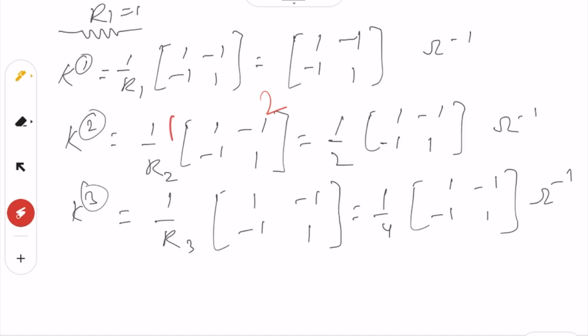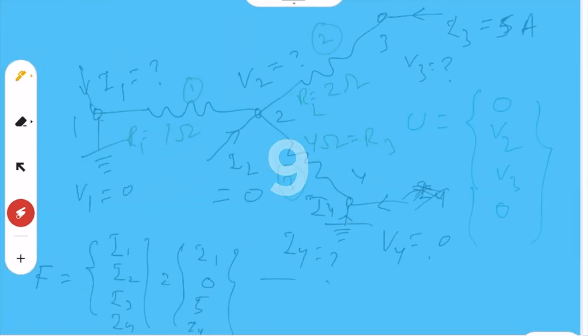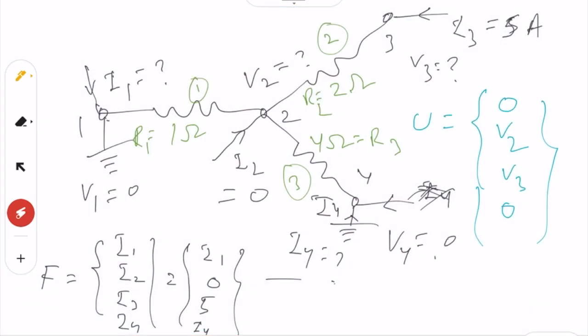Now what we have to do is write the global numbering there. The first element has nodes 1 and 2, the second has 2 and 3, and the third has 2 and 4.